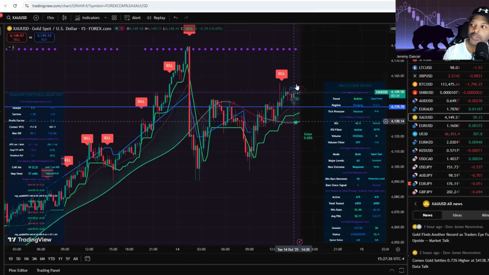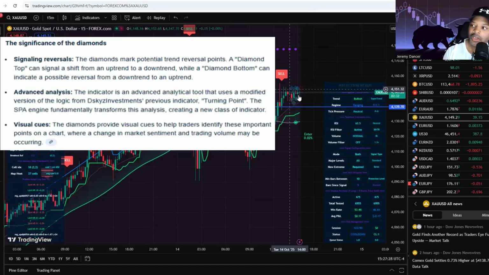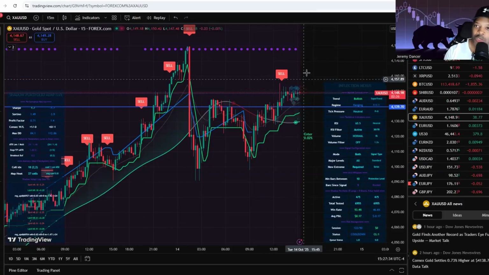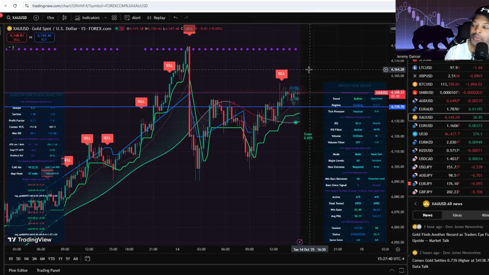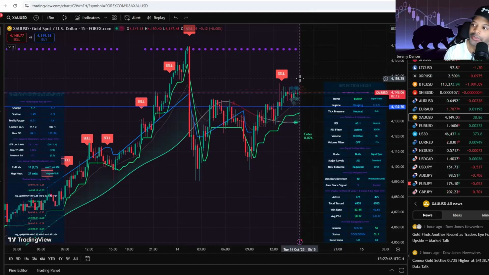And we can also see the diamonds here are analyzing and they are studying these candles. And this is why I love this indicator so much because it's teaching me what is important. Now, I've been trading for many years at this point, so I can look at candles and understand them.